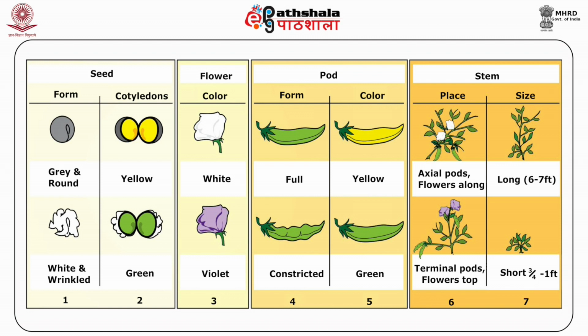Flower position axial is dominant, whereas terminal is recessive. Inflated pod shape is dominant, whereas pinched pod shape is recessive. Pod color green is dominant, whereas pod color yellow is recessive. Tall plant is dominant, whereas short plant is recessive.